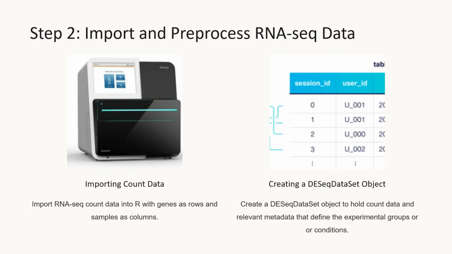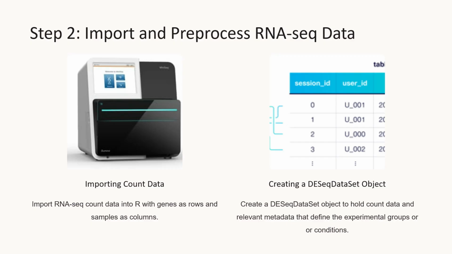Counts data is the FPKM values that we get from our samples. Then we import the RNA-seq data into our R environment with genes represented as rows and our samples represented as columns, and then we remove any unwanted columns that are not part of our analysis.